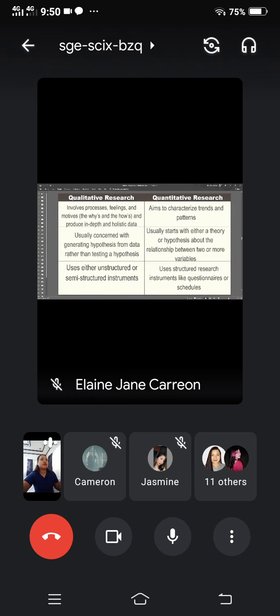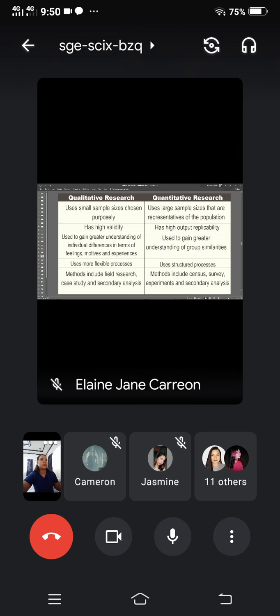So, qualitative, asa na ba tayo? Okay. So, qualitative research uses more flexible processes, and in quantitative research, you use structured processes. As I said a while ago, in qualitative research, in just a simple question, pwede siyang magsanga-sanga into a lot of questions. And you may say to your participants, yes, you can answer those questions.